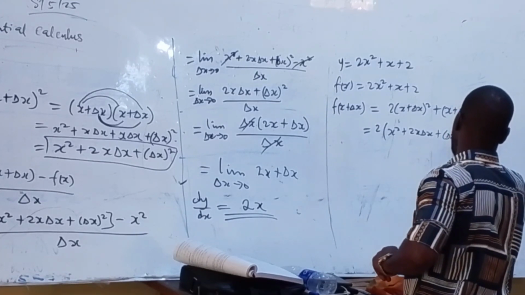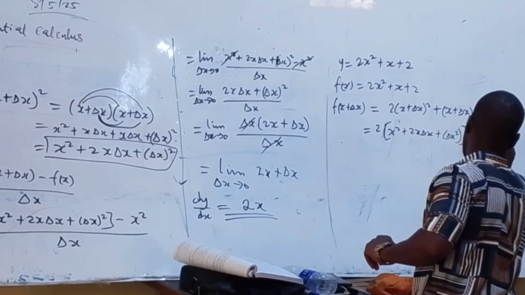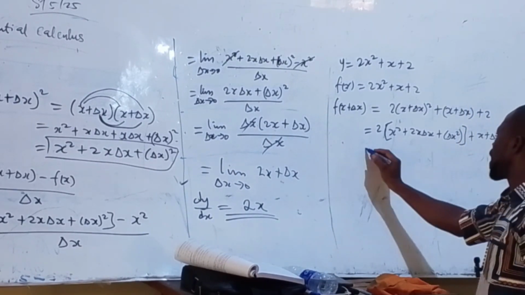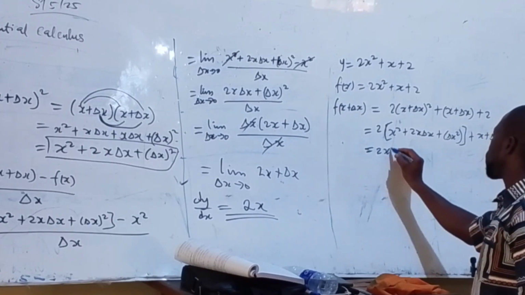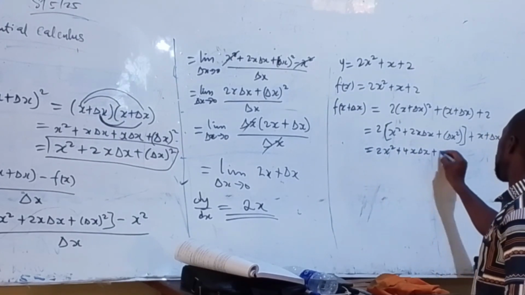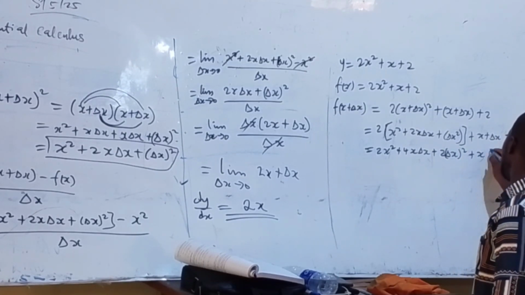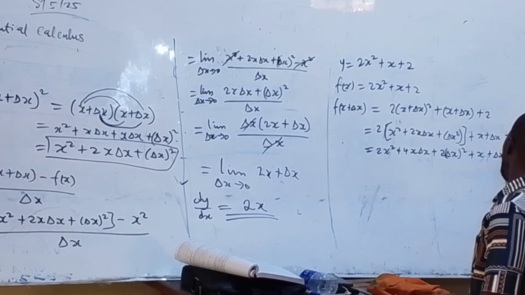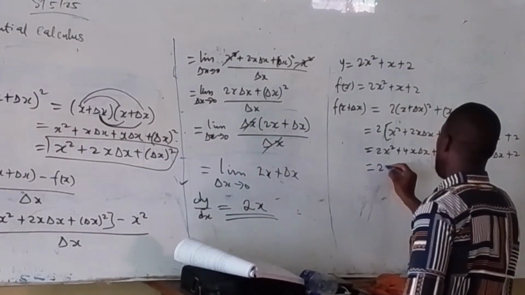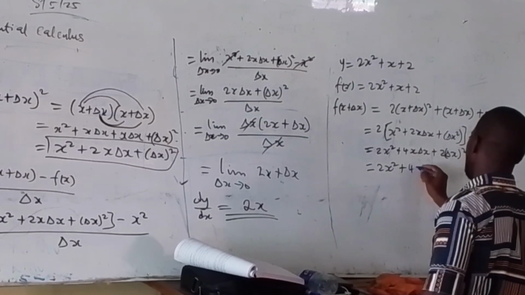Then this is now plus x plus change in x plus 2. So when you open this bracket, you're going to have 2x squared plus 4x change in x plus 2 change in x squared plus x plus change in x plus 2.